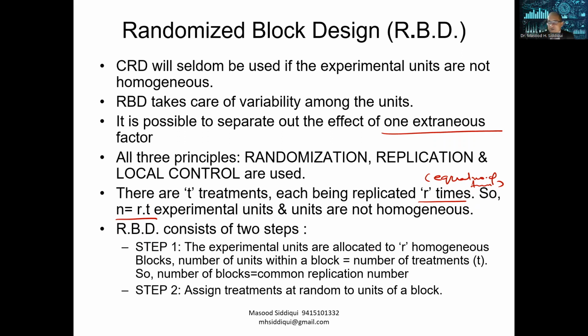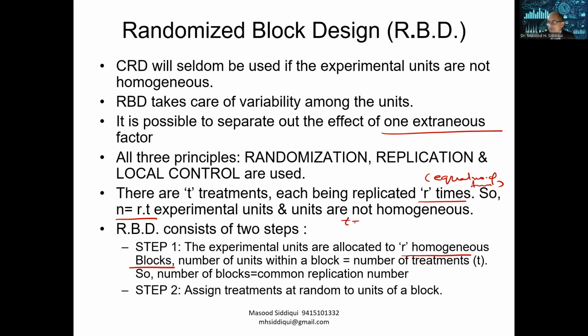The experimental units are allocated to r homogeneous blocks, so the number of blocks should be equal to the number of replications, that is r. And the number of units in a block is equal to the number of treatments.